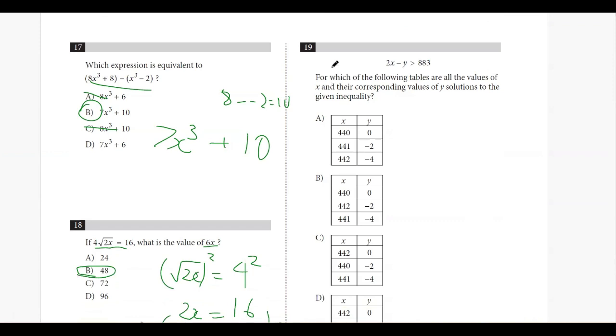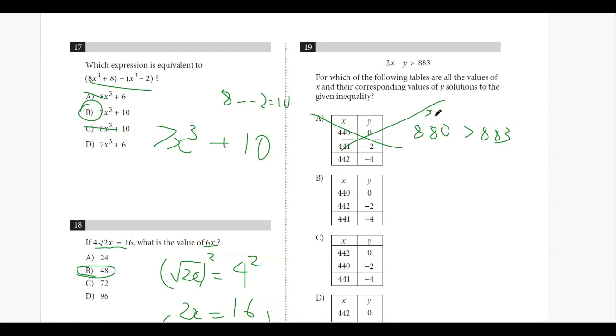For which of the following tables are all the values of x and their corresponding values of y solutions to the given equation? Let's go ahead and check by plugging in x and y together. So for A, 880, this is wrong. So immediately A is out.